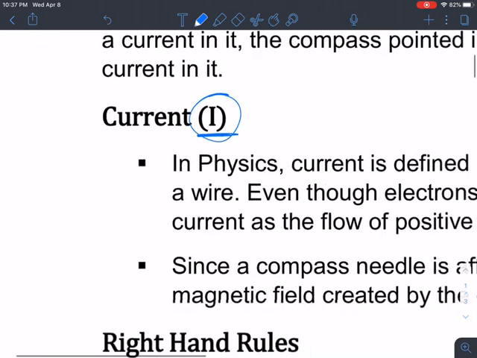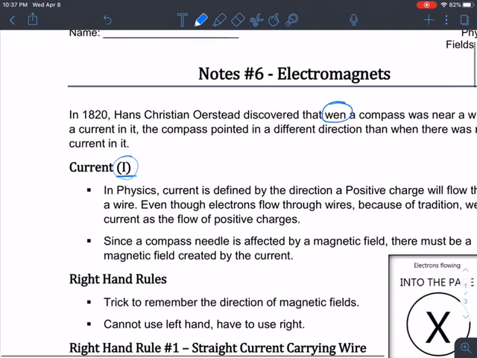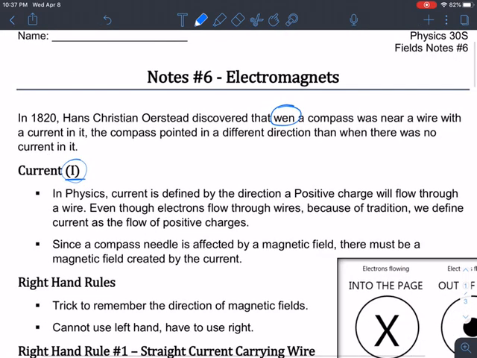It's just how it is. In physics, current is defined by the direction a positive charge will flow, which also doesn't make any sense because electricity is electrons moving. But we talk about if a positive charge would move, that's the direction that current would go, as if electricity was protons, even though it's electrons.